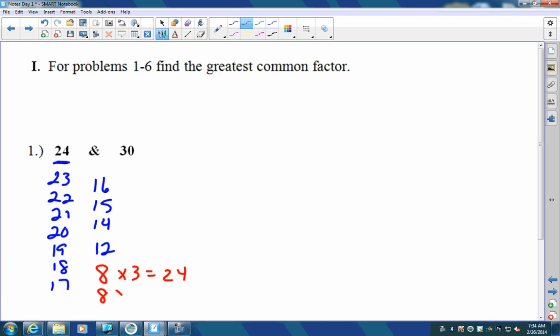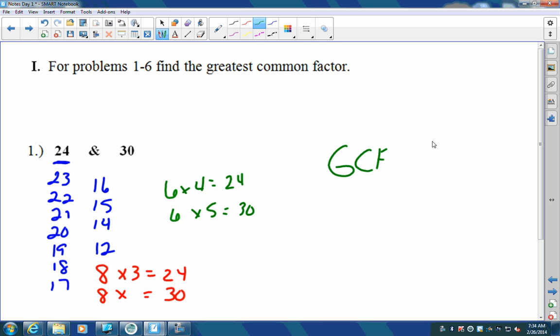Oh, I lied. There isn't anything times 8 that gives me 30, is there? Okay. So 6. 6 times 4 gives me 24. 6 times 5 gives me 30. My GCF for these two would be 6. What's the largest number that goes into both of them?